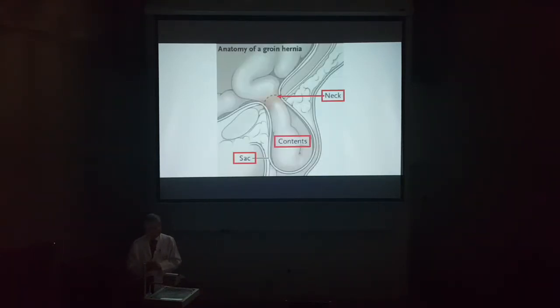What are the contents of this sac or this hernia? These three questions, when you go to year 4 and further on in your life, whenever you see a hernia, you have to answer these questions. What's the situation of the neck? What is the situation of the sac, and what are the contents? You will be hearing these quite frequently.